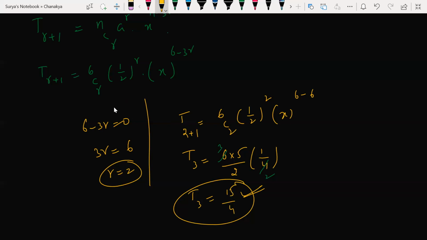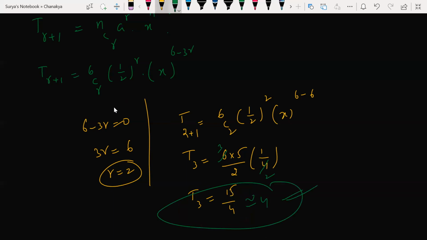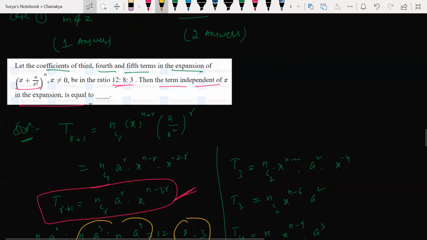15 by 4 is nothing but how much? Almost it's very near to 4, right? 4 should be the answer. The independent term of x in the expansion is equal to 4. Any doubts? Guys, the calculation is somewhat busy.